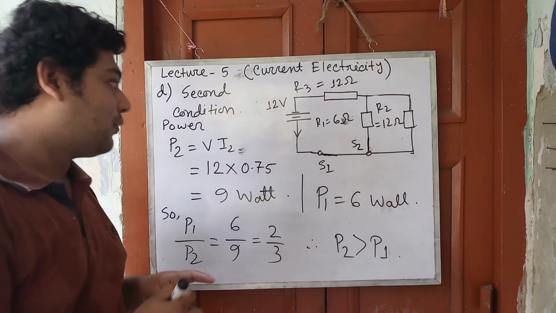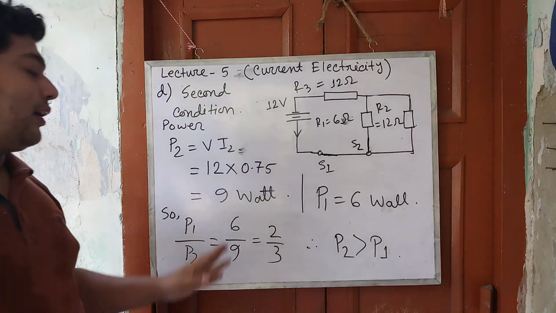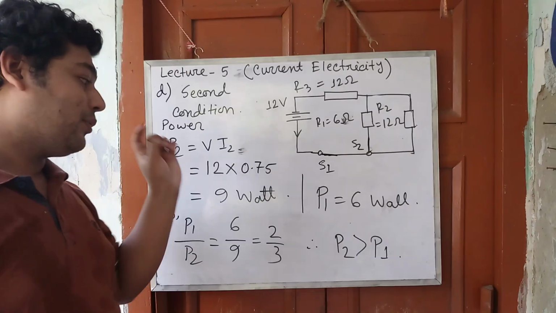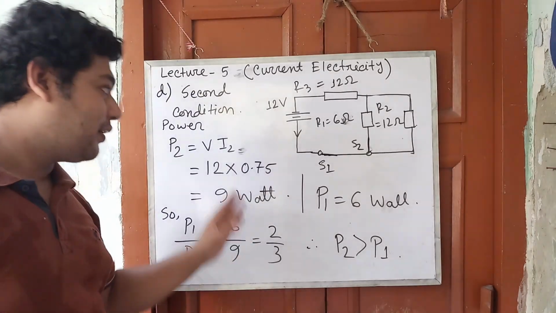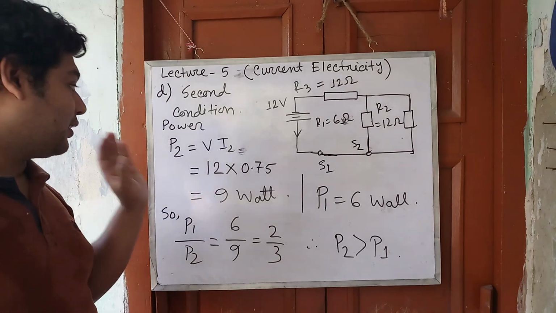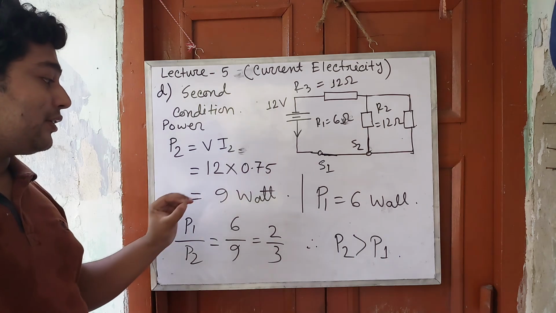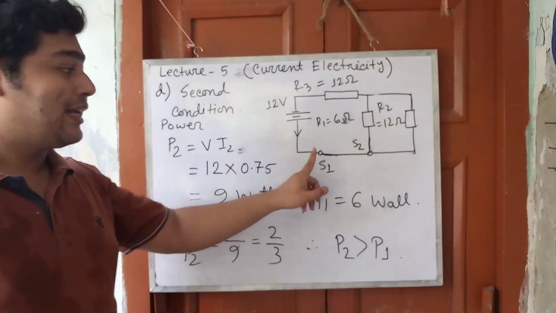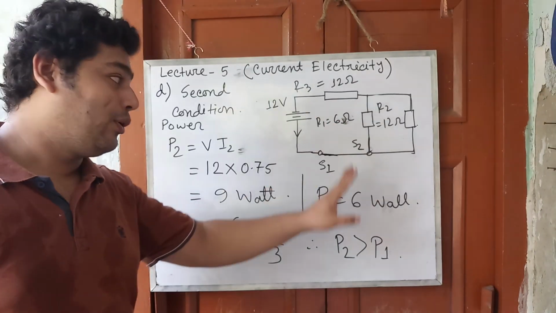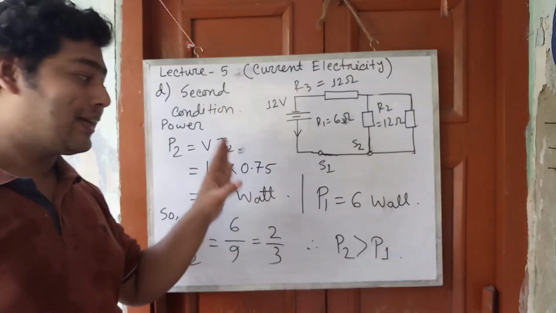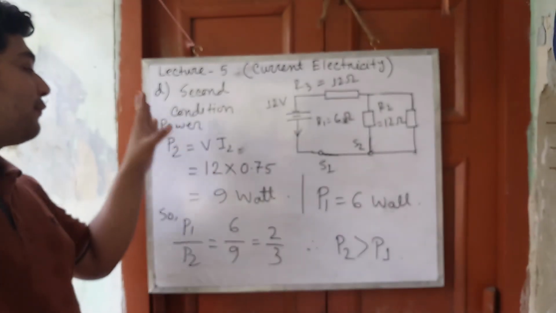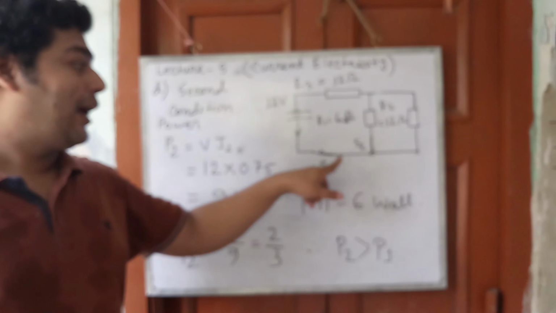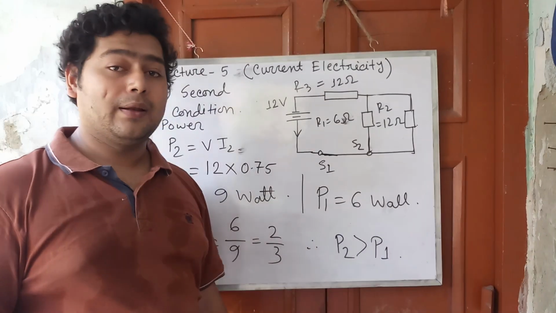In our comparison between these two conditions, the power for when switches S1 and S2 are closed is much greater than the power for our first condition, when S1 is closed and S2 is open.